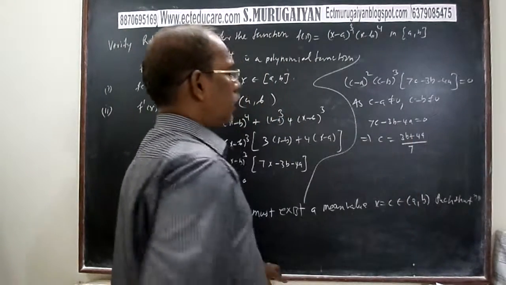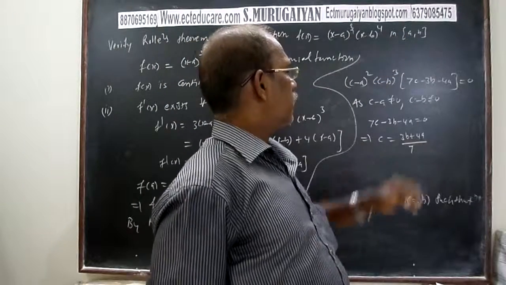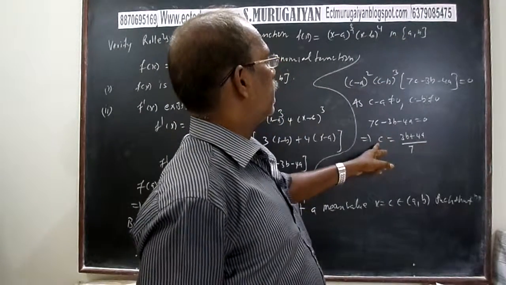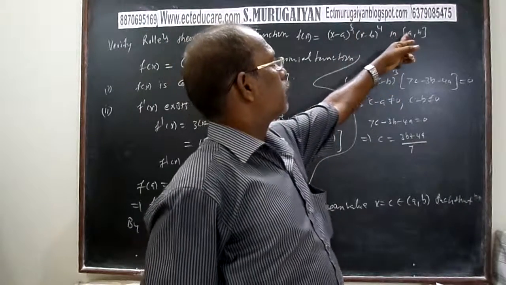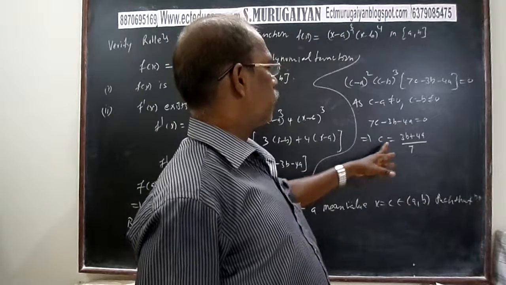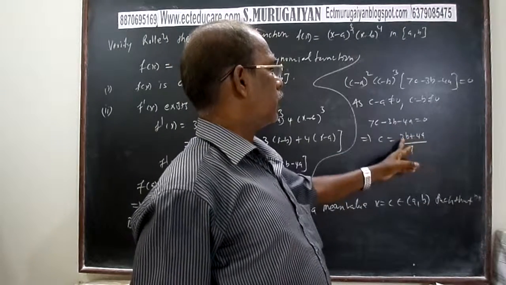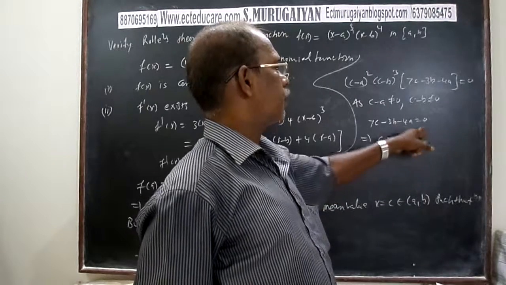If we take the interval a comma b, the point c lies between a and b. The point divides the segment AB in the ratio 3:4, giving (3b plus 4a) by 7 according to the section formula.